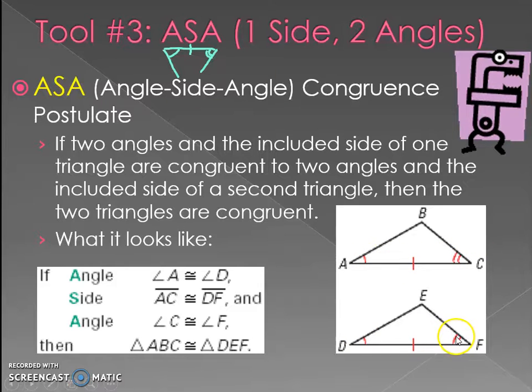And then here, the side is between, included. So if angle A and angle D are congruent, and side AC and side DF are congruent, and angle C and angle F are congruent, then you can conclude that these two triangles are congruent. This is called angle side angle, ASA.